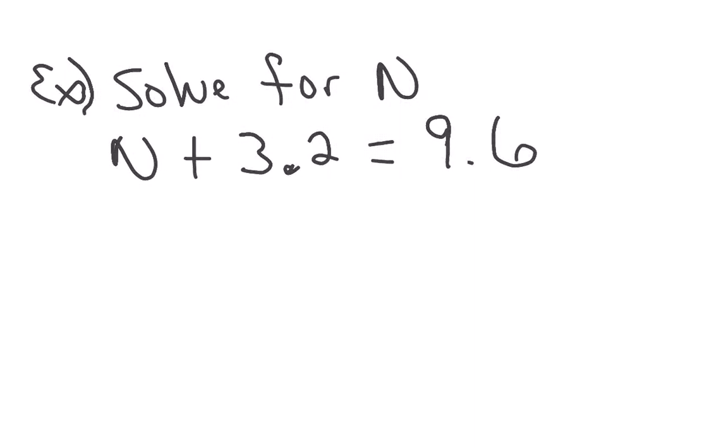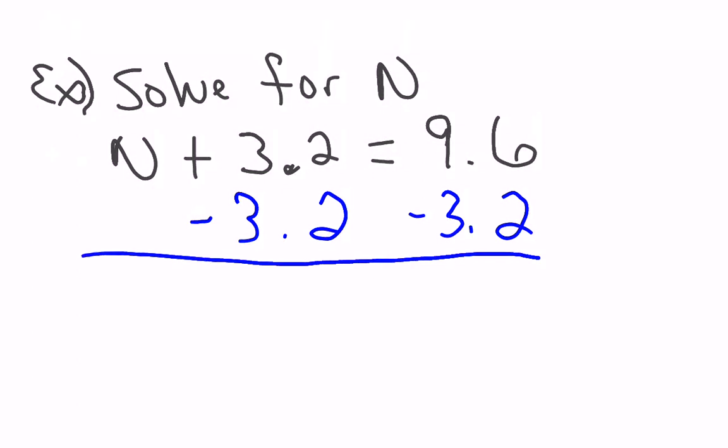If we wanted to look in terms of addition, we would have to add a negative number to the side to get 0. Or we could do the opposite of what's here and just subtract. So we can subtract 3.2, but remember that adding a negative number means the same thing. So if I changed it to add a negative number, we're going to get the same result. So 3.2 plus a negative 3.2 is our 0.